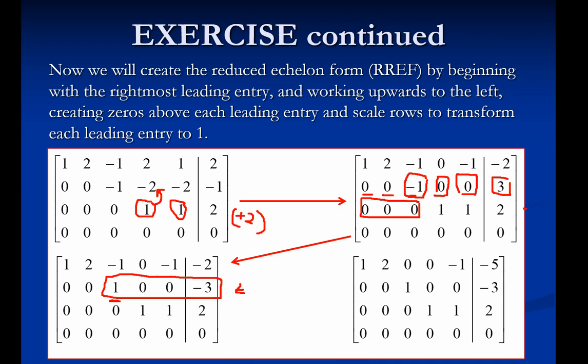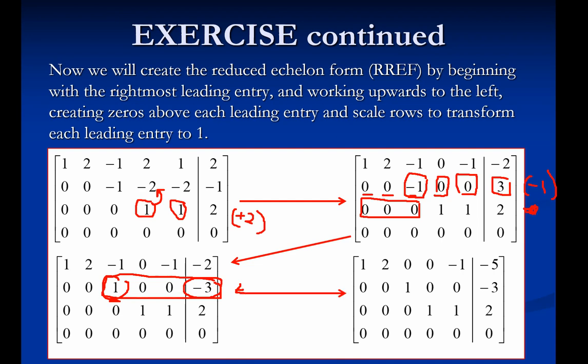So we multiplied through in the second row by a -1. And so -1 times -1 is +1, and -1 times +3 is -3. So yeah, we're making progress here.